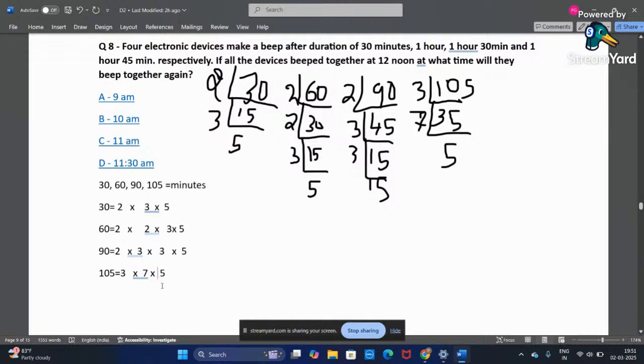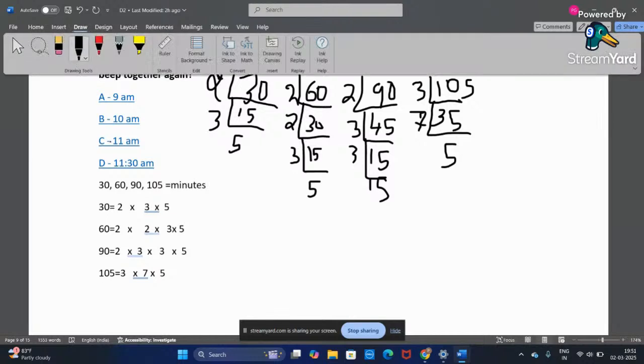For this, we need to find the common factors, right? So what are the common factors here?